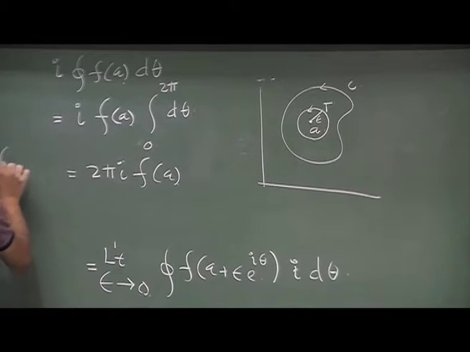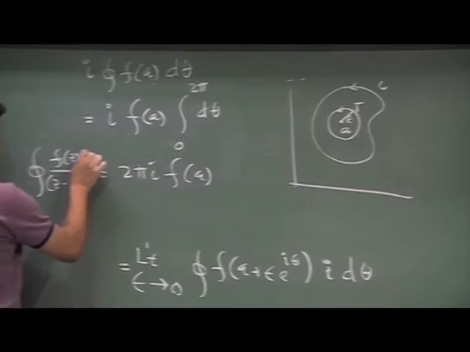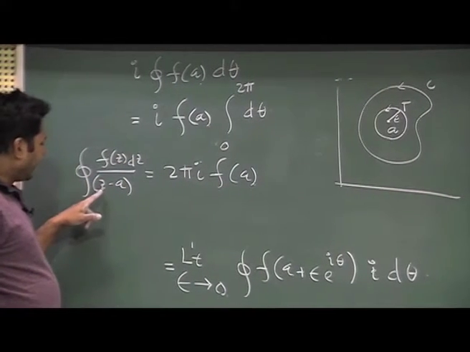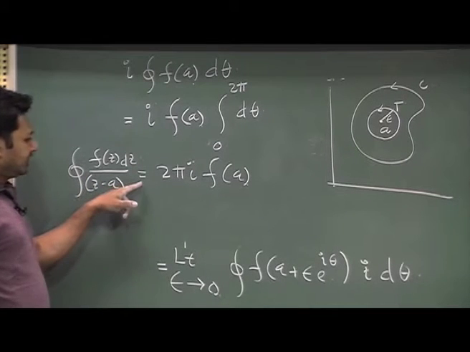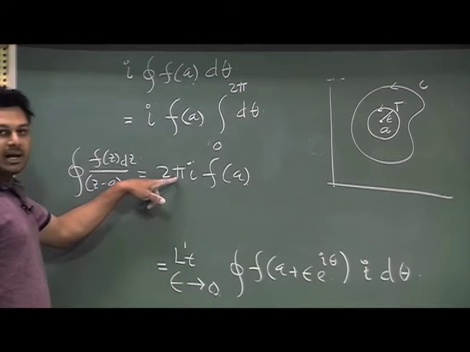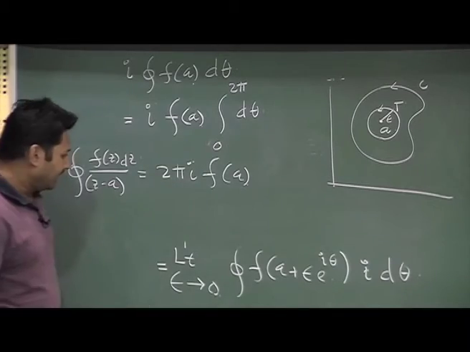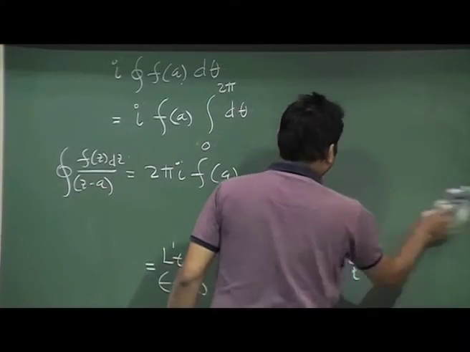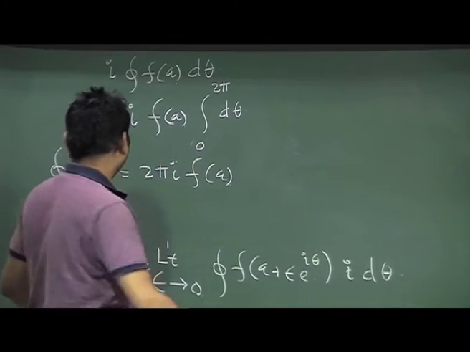In the left hand side, I had this quantity, because I started with this quantity. So, the integration of f z divided by z minus a, dz, is equal to 2 pi I f a.